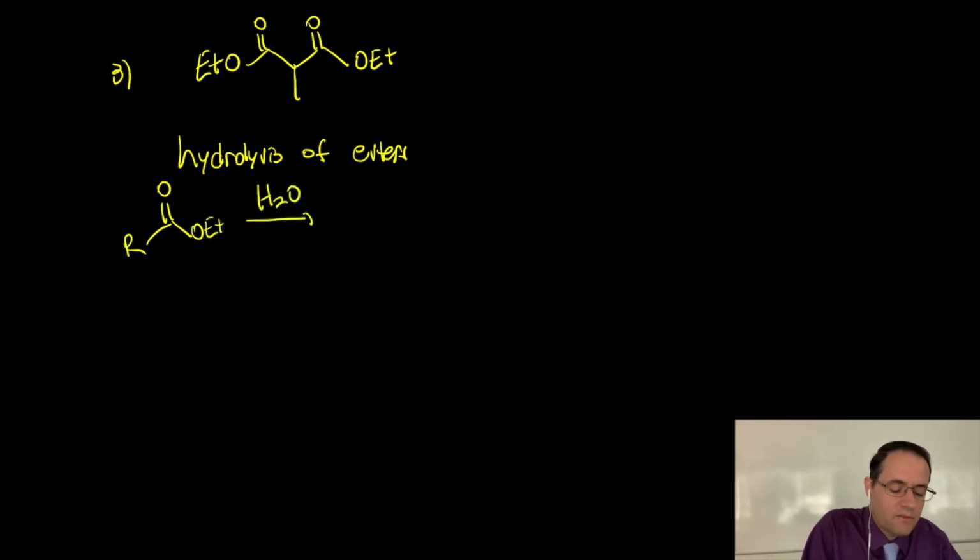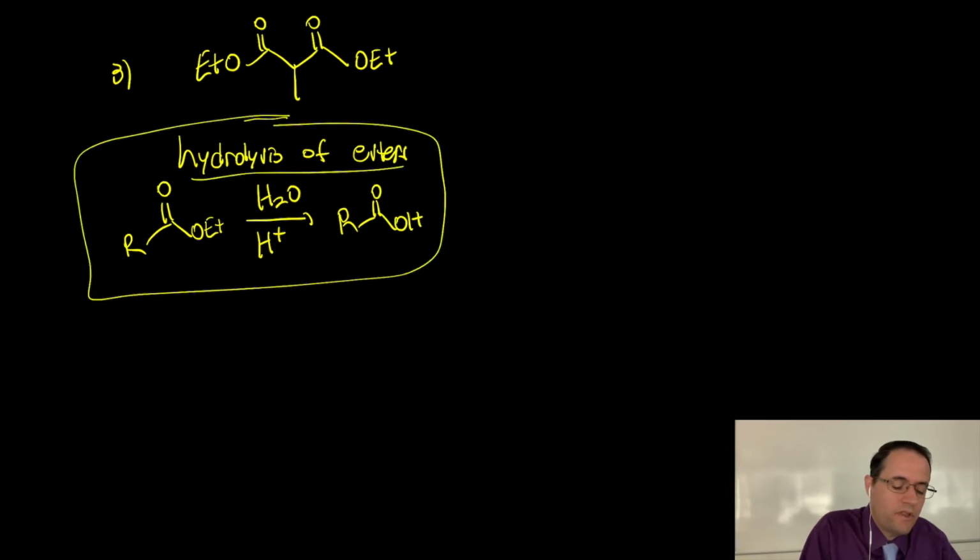Here we want to recall hydrolysis of esters. In chapter 19, we learned how an ester can react with water with some acid catalyst to give you a carboxylic acid. So review that whole thing if you forget from chapter 19.